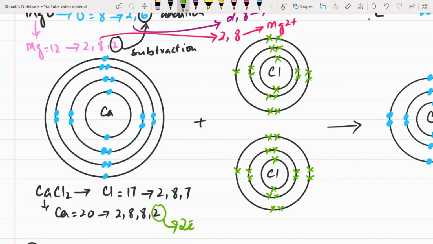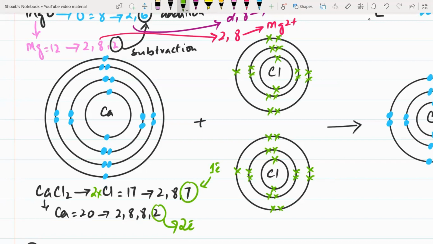Now here the calcium is going to lose how many electrons? 2 electrons, but the requirement here is only 1 electron. So we're going to increase the number of chlorine atoms, according to the requirement of the calcium's loss of electrons, so 2 chlorine atoms will gain the 2 electrons.